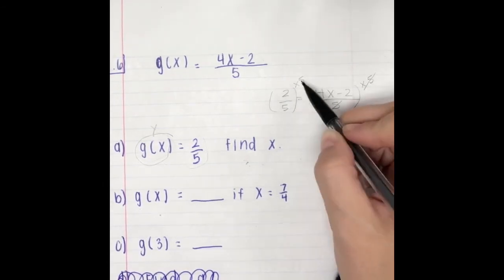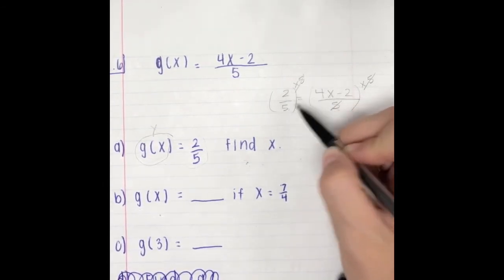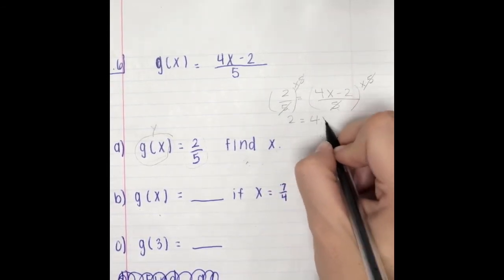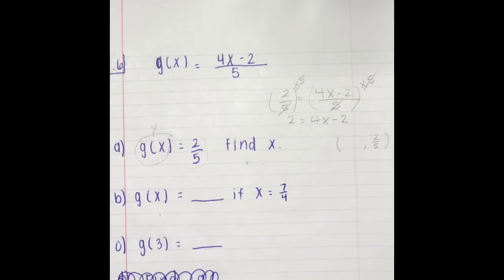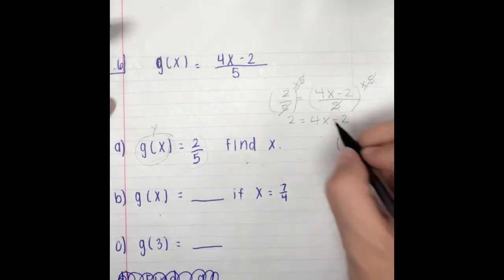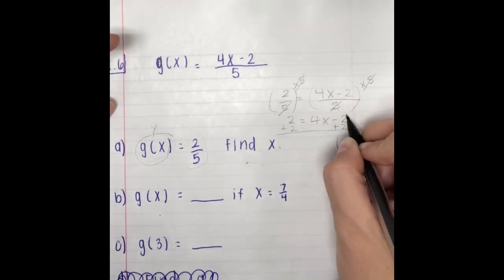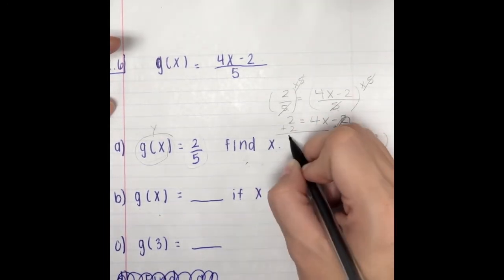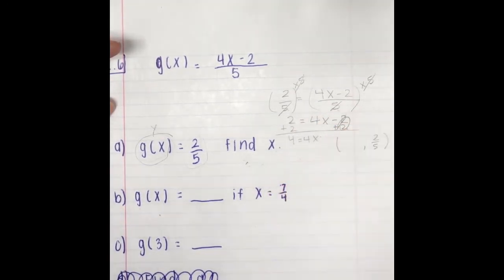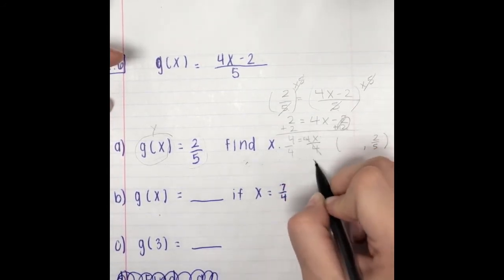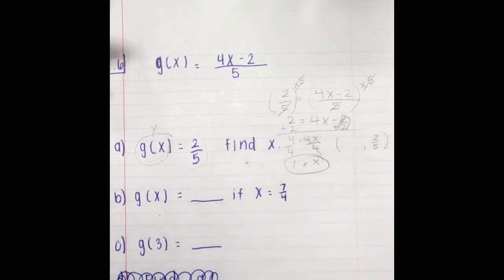So we get 2 equals 4x minus 2. From there, to get x by itself, we add 2 to both sides. We get 4 equals 4x. Divide both sides by 4, and you get x equals 1.